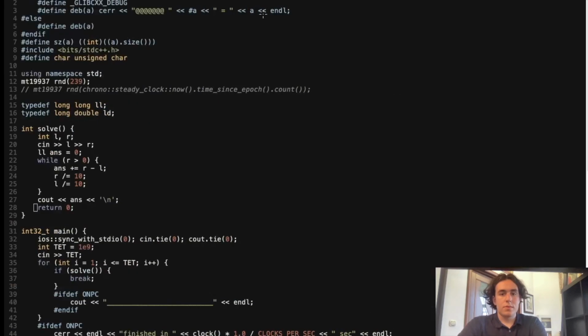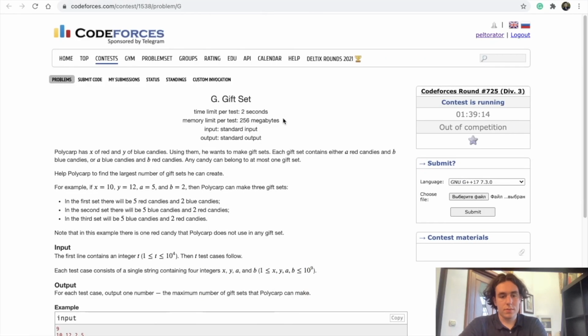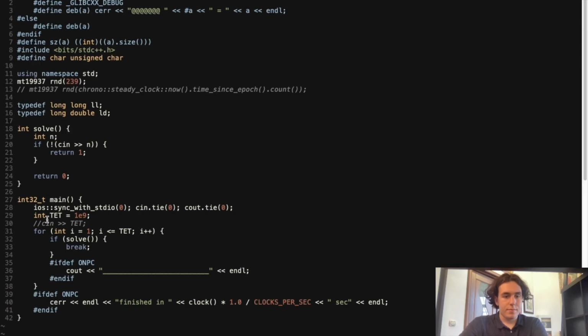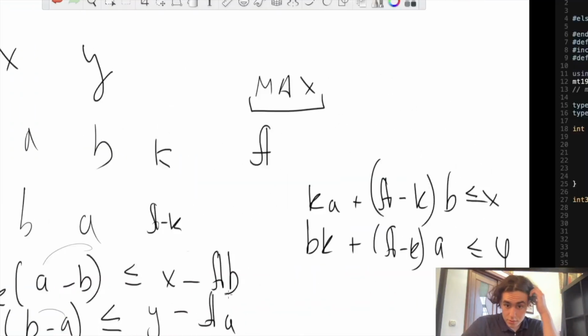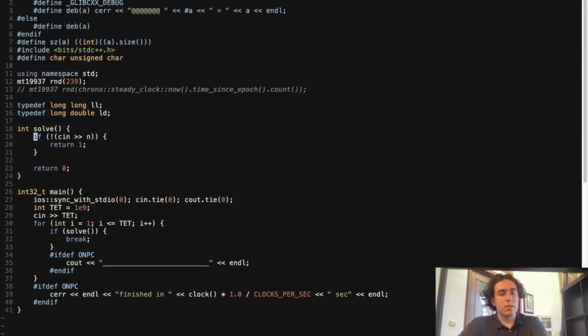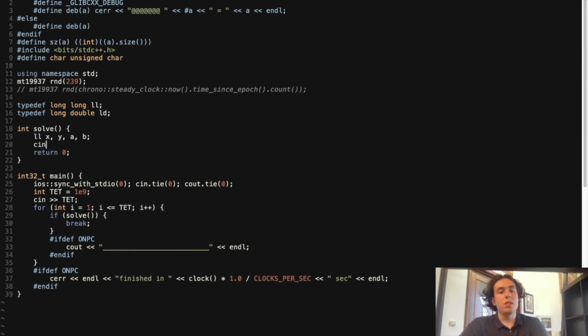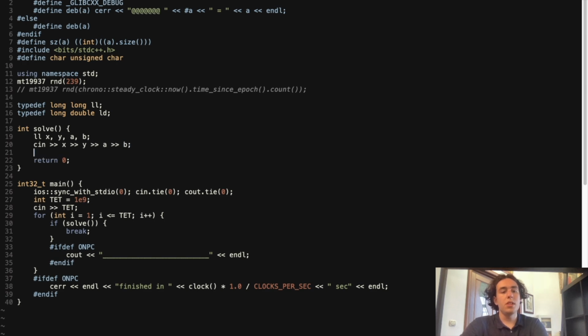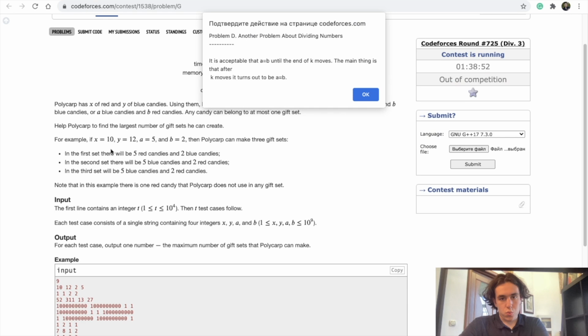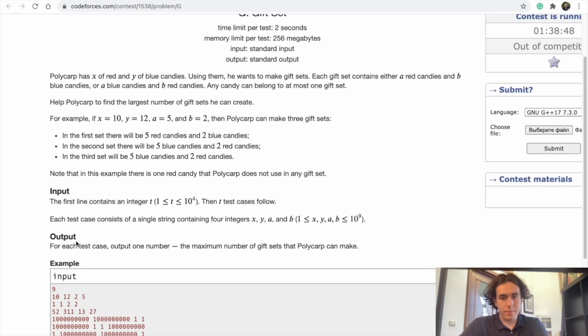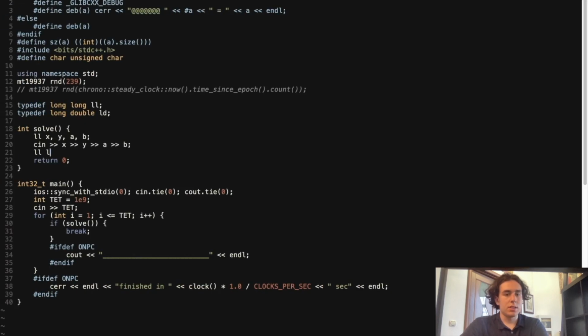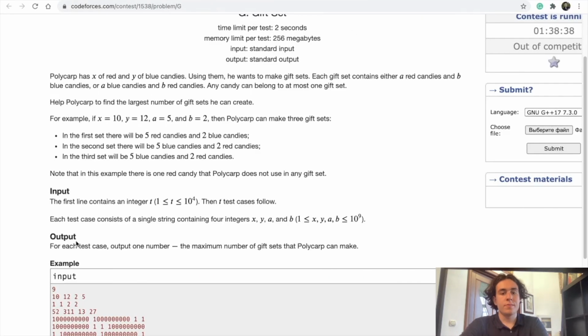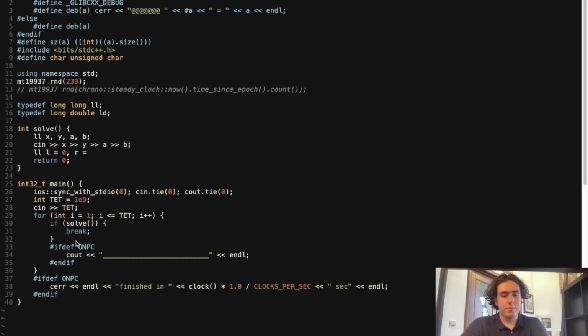So, X, Y, A, B. The maximum number is our 0, or probably, I don't know, X plus 1 or something.